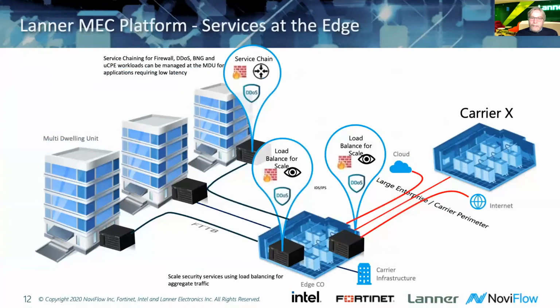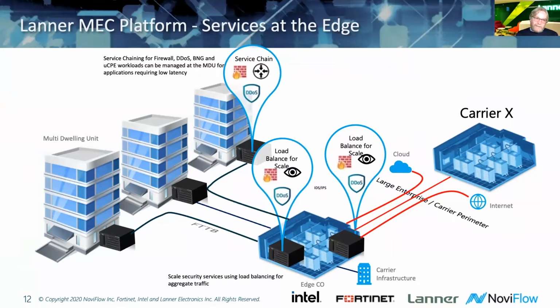Here, a couple of use cases. So we are engaged with service providers. You can see here that because this platform is completely integrated as a software-defined networking architecture, we can reside in multiple locations. Normally, the service provider edge could be in the thousands or tens of thousands of locations all over the country.